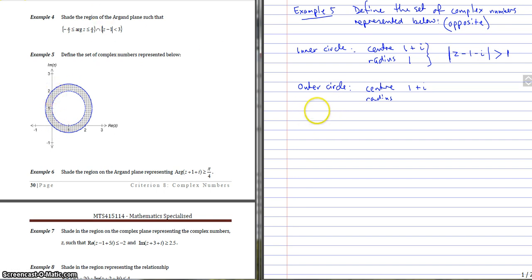Okay, so if we just draw here, that is our y-axis, 2 there and 1 and then 0, and we know that it passes through here, and we know that that's the centre.